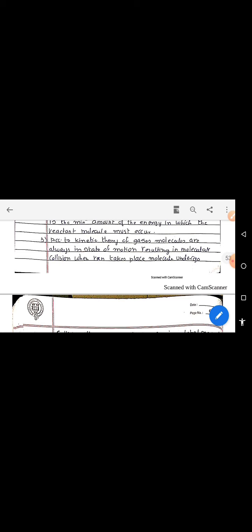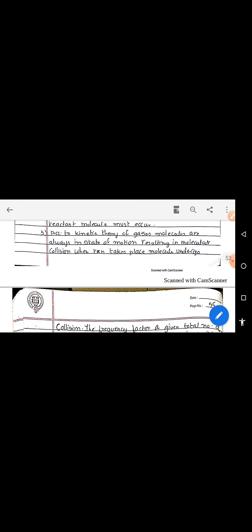According to the kinetic theory of gases, molecules are always in a state of motion, resulting in molecular collisions. When the reaction takes place, molecules undergo collision. The frequency factor gives the total number of collisions taking place in unit volume in unit time.